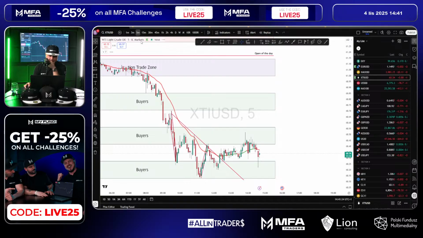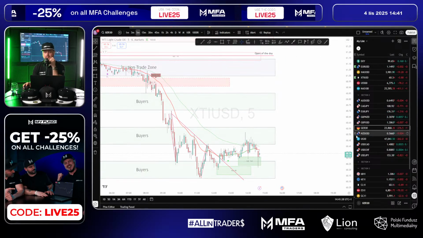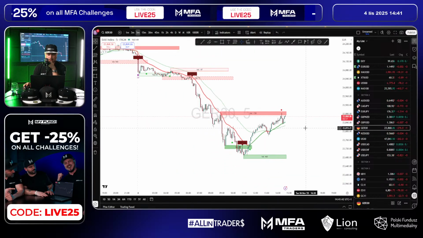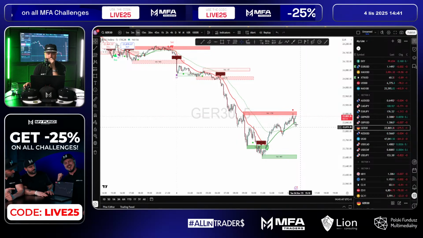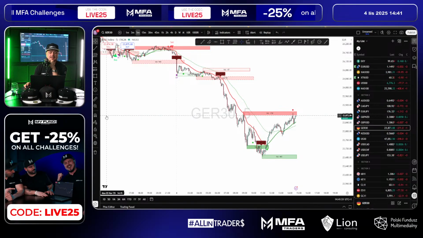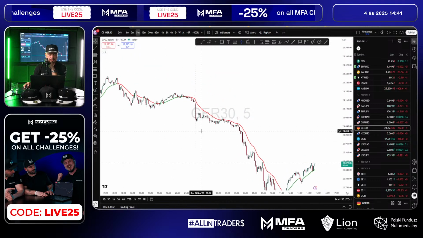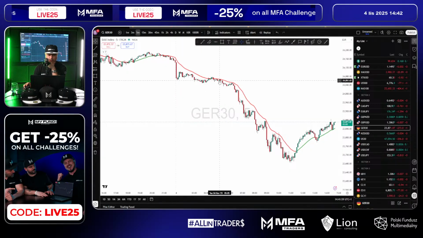So slow. It's so slow. German 30. Okay, let's have a look at DAX index. This is funny because it's hard to measure input.